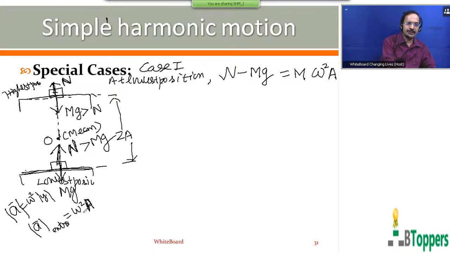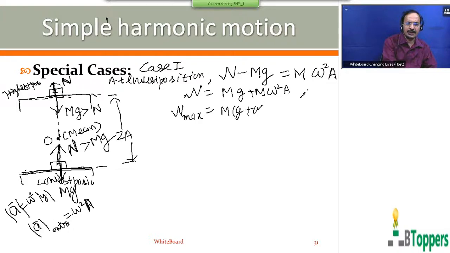So magnitude of the acceleration is maximum at an extreme position, which is equal to omega square A. So from Newton's second law, I can write magnitude of the resultant force of block at the lowest position: N minus mg equals mass into magnitude of acceleration towards the center of oscillation, that is equal to m omega square A. So magnitude of the normal reaction at the lowest position equals mg plus m omega square A. So magnitude of the normal reaction or apparent weight of the block is maximum at the lowest position, which you can write as m into g plus omega square A. And this magnitude of normal reaction at the lowest position will be definitely more than its weight mg, whatever may be the angular frequency of oscillations and whatever may be the displacement amplitude.